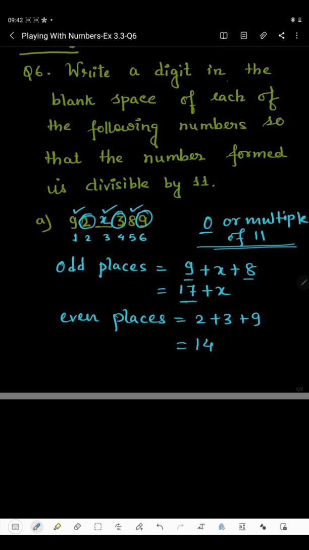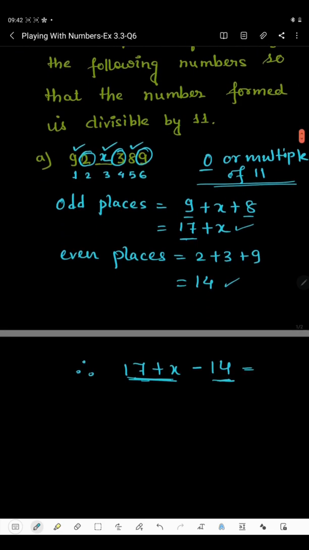Now we will have to find the difference. So the difference of these two will be 17 plus x minus 14, because the sum of the digits at even places is subtracted from the sum at odd places. You will not get 0, you will get a multiple of 11. See, here is 11. Now 17 minus 14, how much? 3.